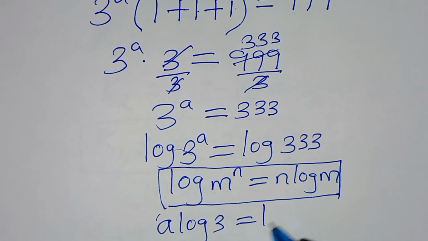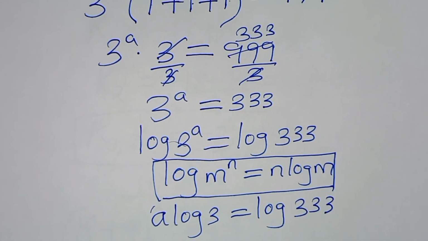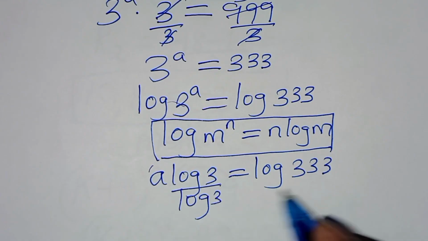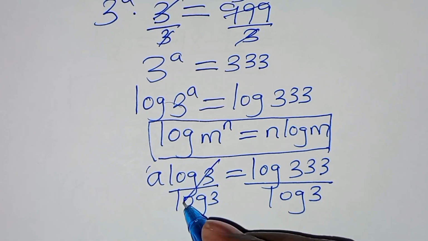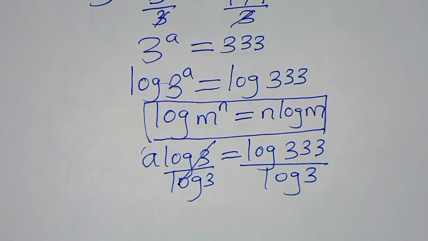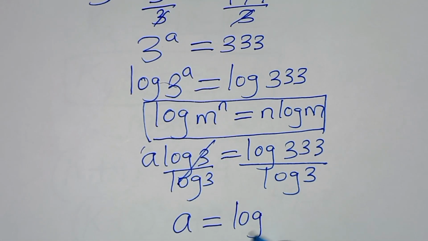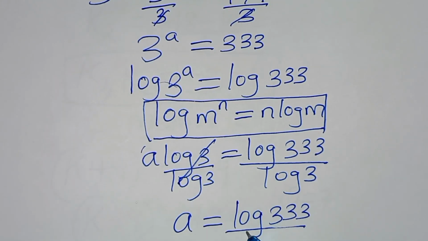This is equal to log 333. So let's divide both sides by log 3. Then we simplify here. So this implies that the value of a is equal to log 333 divided by log 3.